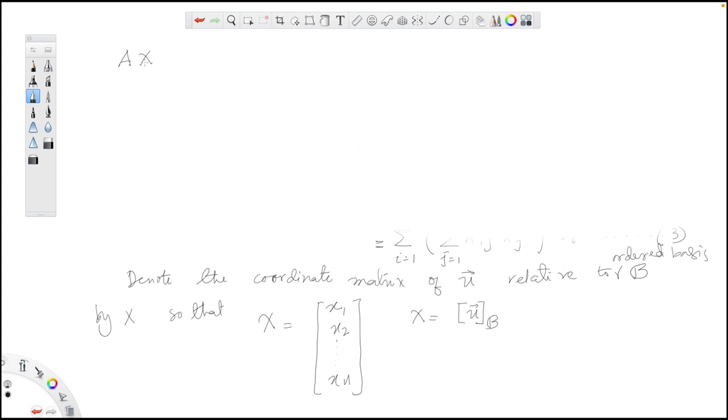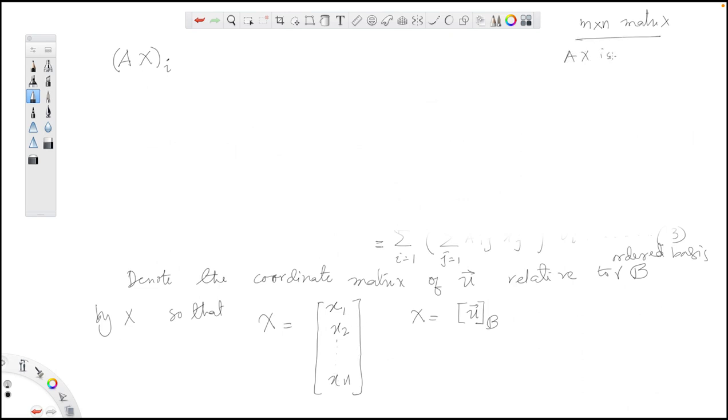If I denote its entries by AX sub i, where AX sub i is one of the entries in that column. So what is A? A is an m times n matrix, and we have seen that X is an n times 1 matrix.